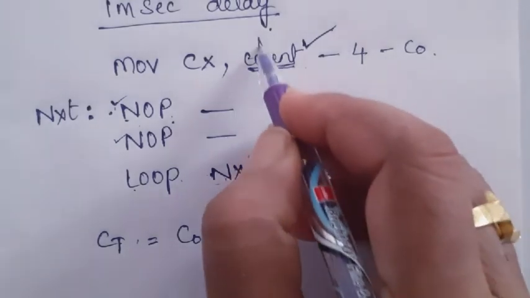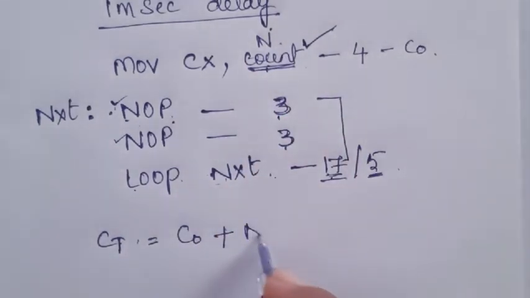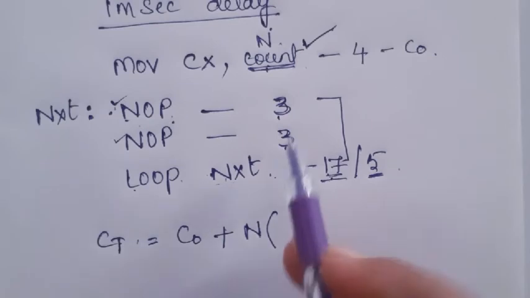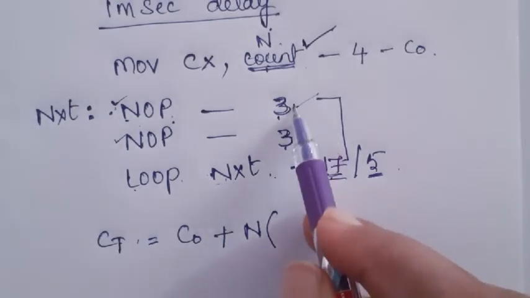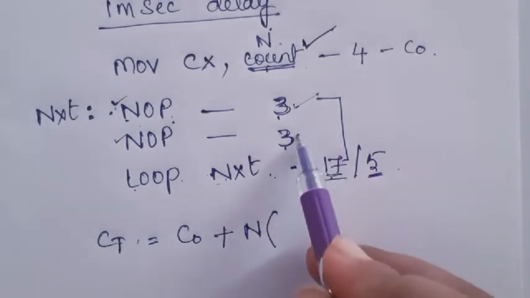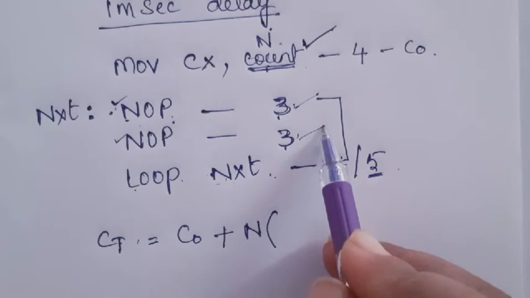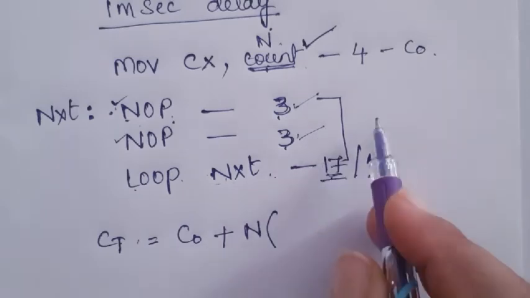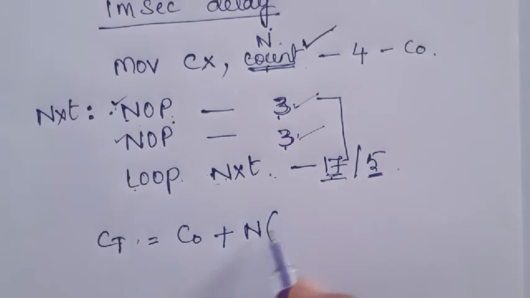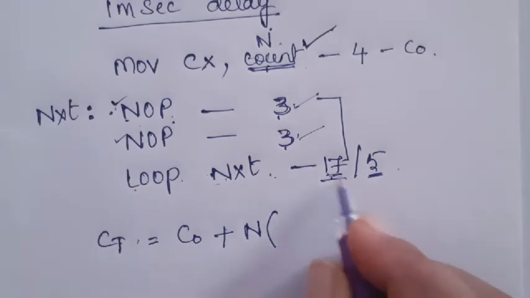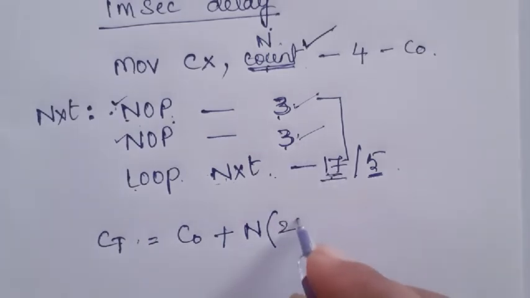Let us suppose count is equal to n. So n into how much time it takes: for this 3 into 0.2 microseconds, for this 3 into 0.2 microseconds, for this 17 into 0.2 microseconds. So n into how much is it, 23.